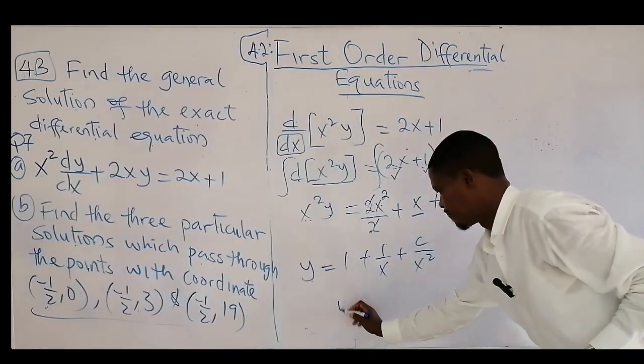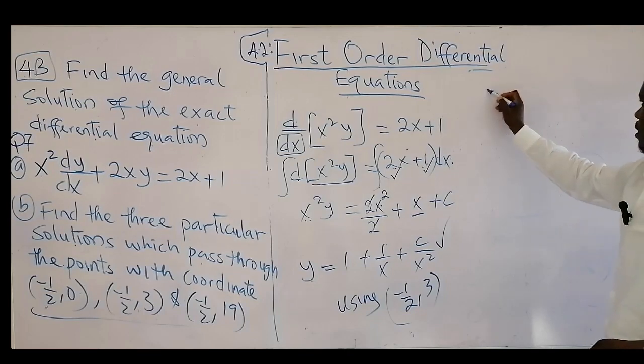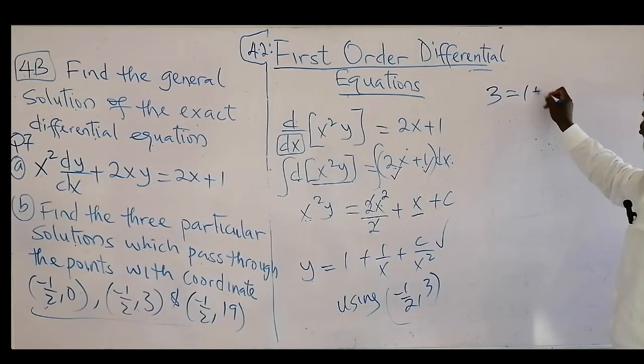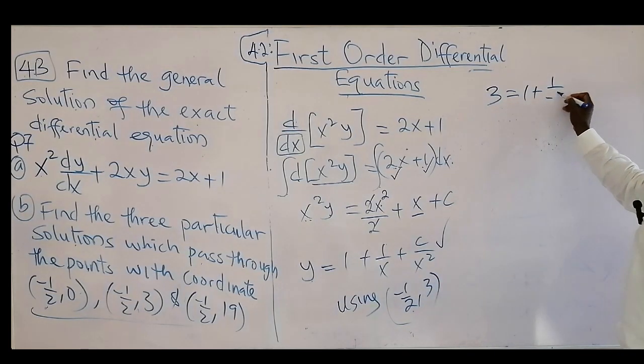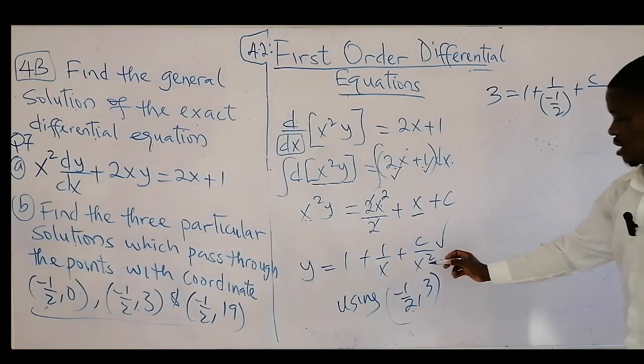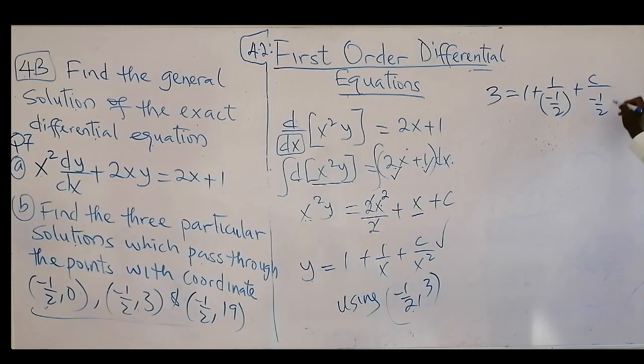Okay, let's get the second one using these coordinates. So we have y is 3 equal to 1 plus 1 over x, then plus c over minus 1 over 2 squared. So we now have 3 equal to 1 plus, if you reciprocate minus half, you have minus 2.